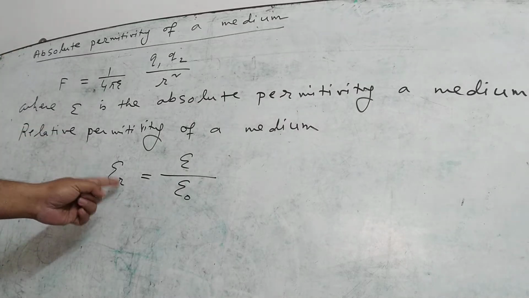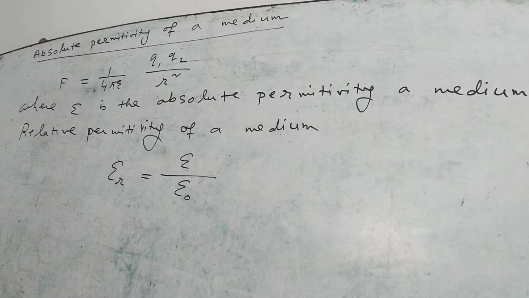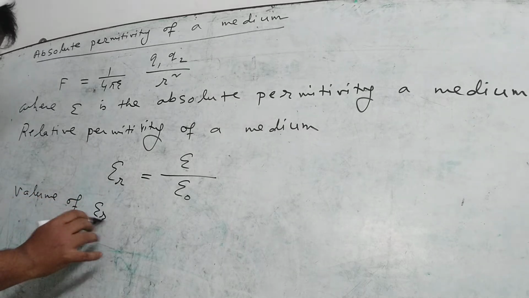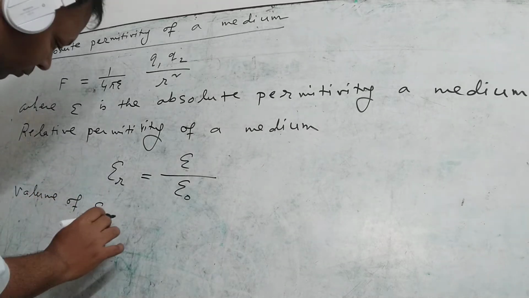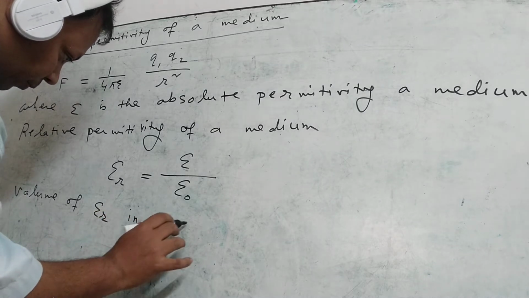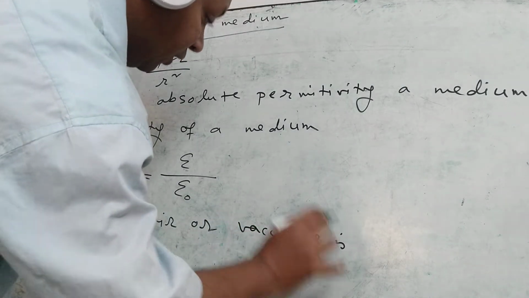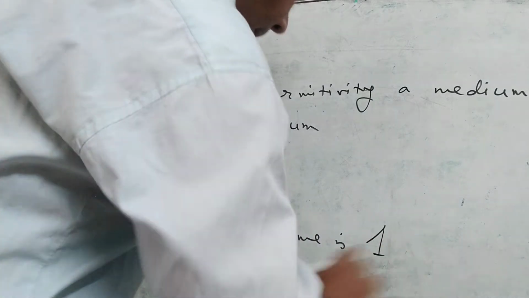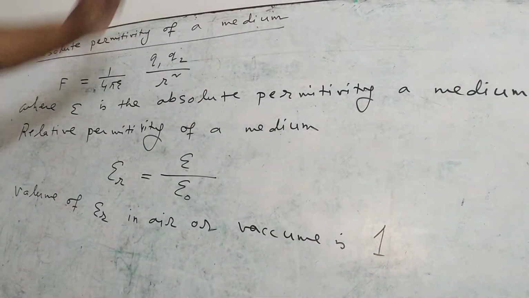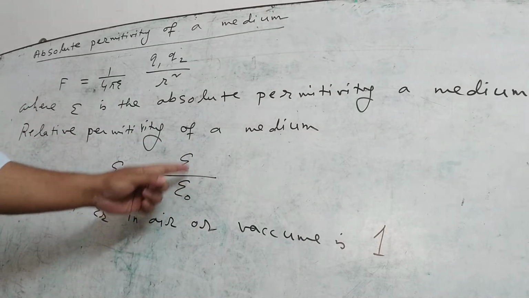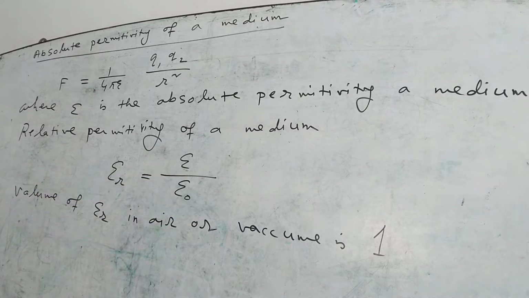And obviously epsilon r has no unit or dimension. Okay. What is the value of epsilon r in air or vacuum? It is 1, because the absolute permittivity of air or vacuum is also epsilon 0. Therefore, epsilon 0 and epsilon 0 cancel with each other and epsilon r is equal to 1.